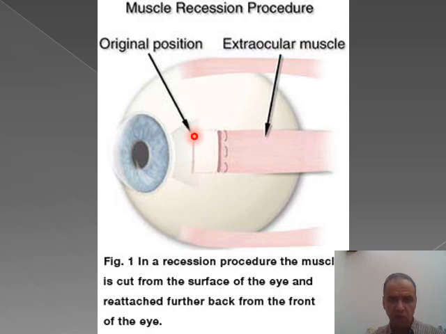This is the original insertion of the medial rectus muscle, and then we resuture the muscle more posterior, and in this way we weaken the medial rectus muscle. It might be enough to correct esotropia just by weakening the medial rectus muscle, and sometimes we need both of them, weakening of the medial rectus muscle and strengthening of the lateral rectus muscle.